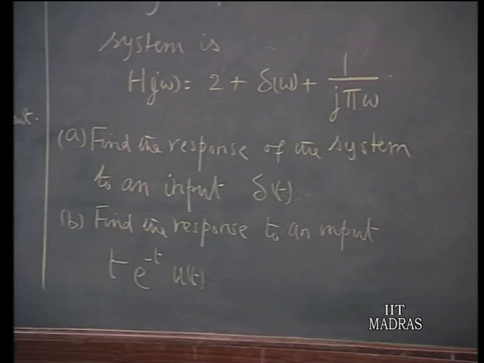So, in both these cases, make use of the system function, find the input Fourier transform, multiply them out, you get the output Fourier transform, find the inverse Fourier transform, you get the response. We have not discussed in class the Fourier transform of functions of this type, but you should be able to derive them from fundamentals. t e to the power of minus t u t will have a Fourier transform which is 1 over j omega plus 1 whole squared, that you should be able to derive.